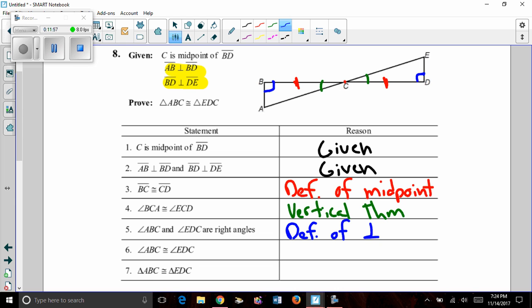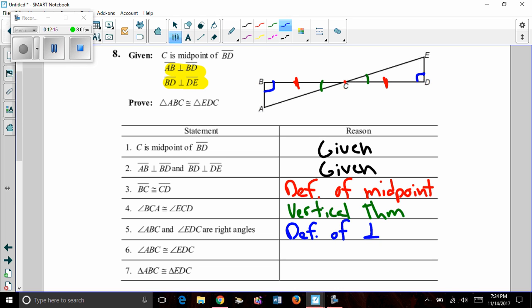One of the things, I'll be honest, I am not 100% sure right now how to label is this part about ABC being congruent to EDC. There's a couple pieces that could happen here.